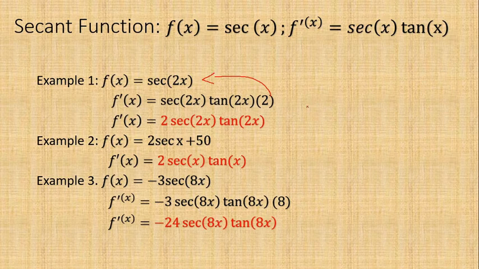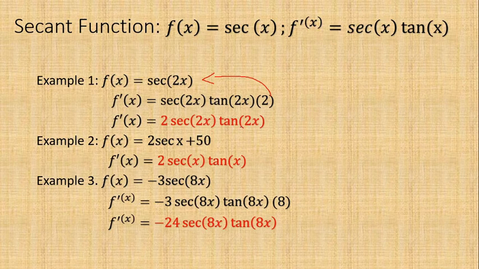Okay? Don't forget to derive 2x. Then, write 2 at the front, sa pinakauna, at the beginning, at the start. Then, f prime of x is equals to 2 secant 2x and tan 2x.